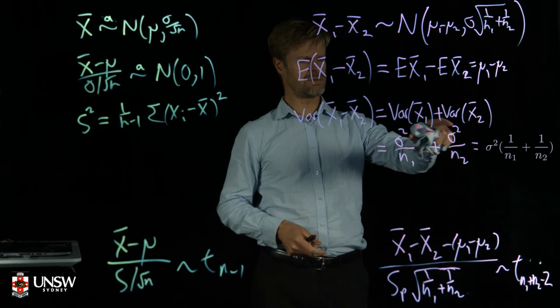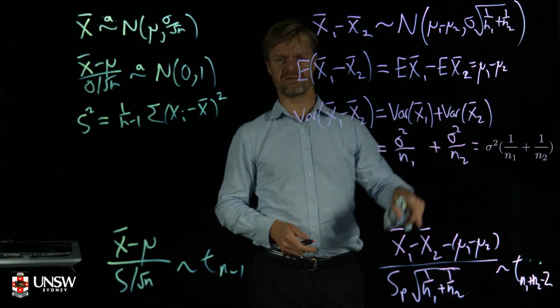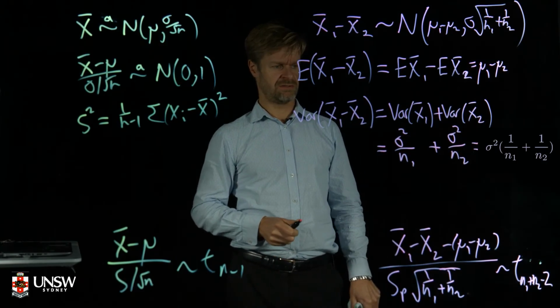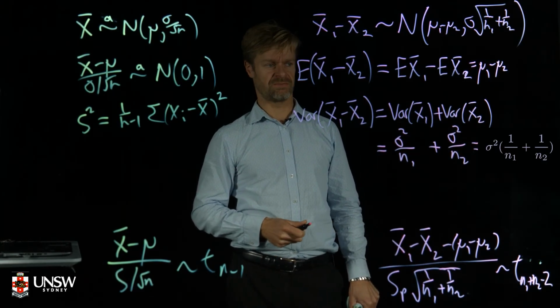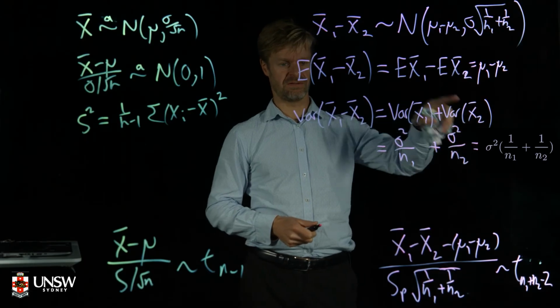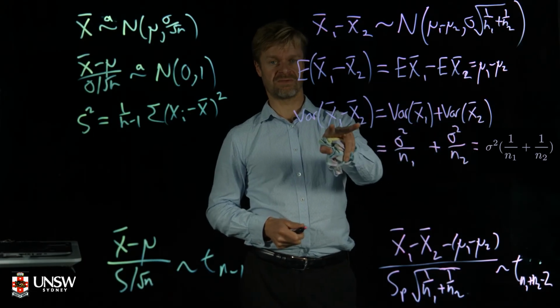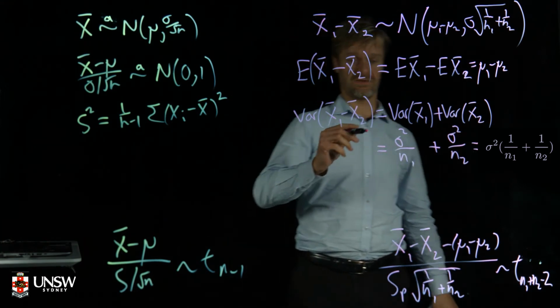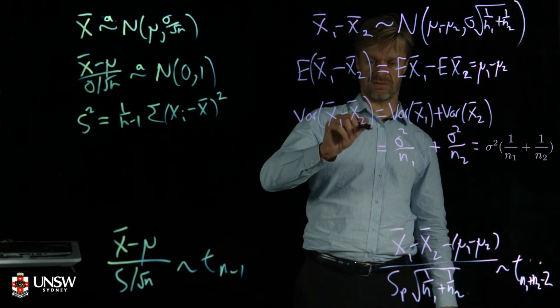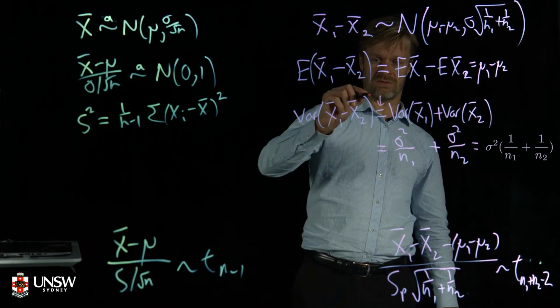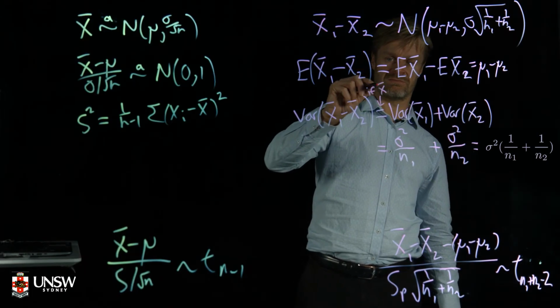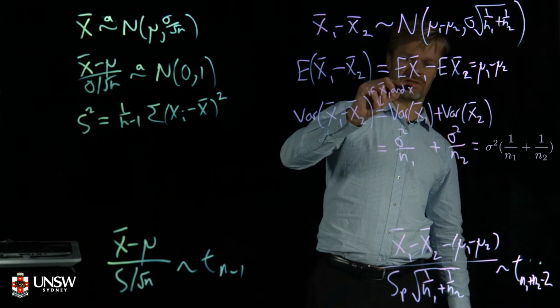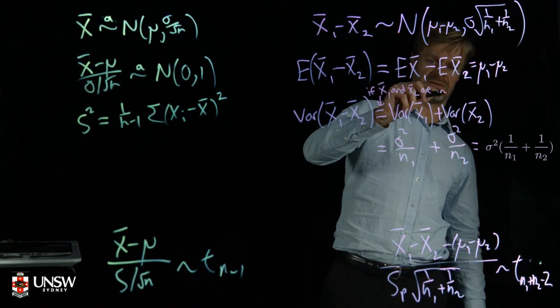Is this always true? Can we always say variance of a difference is the sum of the variances? It's not always true. There's often a covariance on here. We need to assume that these two things are independent of each other in order to get this result. So this here is only true if x bar 1 and x bar 2 are independent.